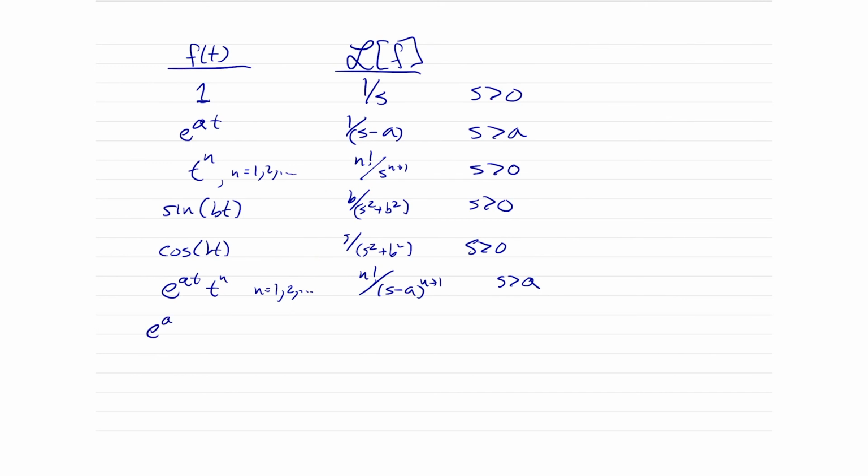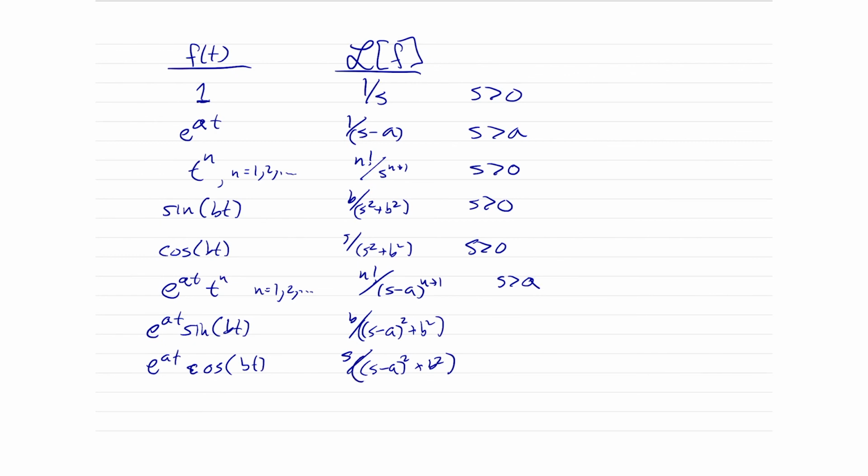And the same thing works for these. So we have e to the at times sine of bt, which is going to give us b over s minus a squared plus b squared. And we have e to the at times cosine of bt, and this is going to give us s over s minus a squared plus b squared, right?